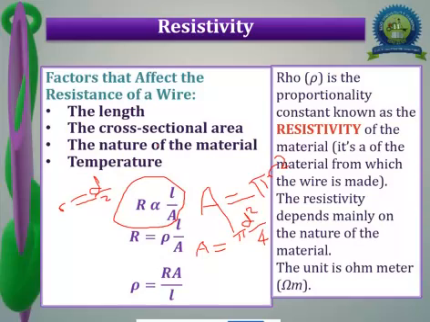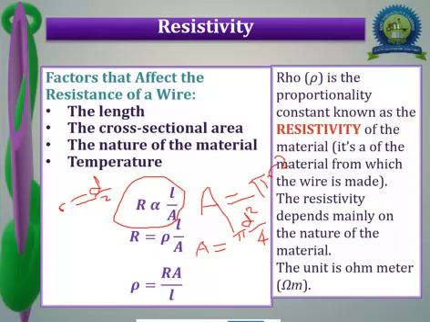Now, another factor that affects the resistance of a wire is the nature of the material with which the wire is made. For instance, aluminum wire and copper wire behave differently.